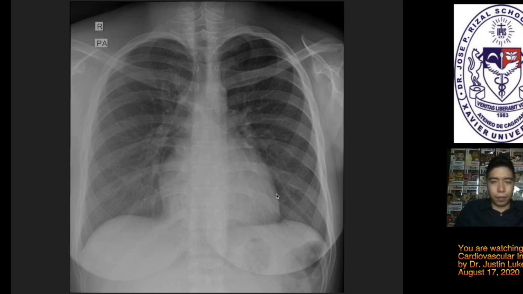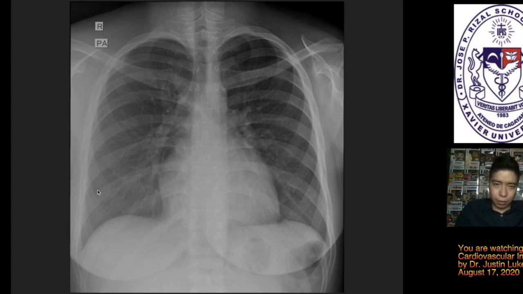You look at the lungs, it's clear. Then all those densities that you see in both lungs are just vascular markings. We know that they are vascular markings because they arise from the hilar region, both sides, and they branch out peripherally, tapering towards the distal aspect of the lung parenchyma.